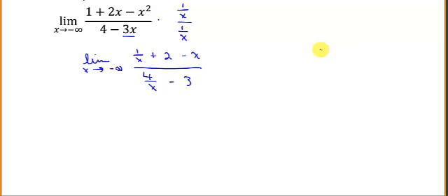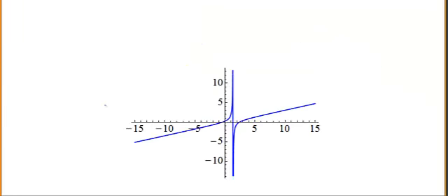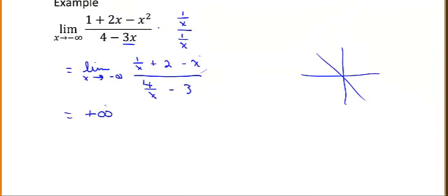Remember, negative x looks something like this. All right, okay, so this thing is going to be, because this term is going to positive infinity, it's the highest power of x, this will go to positive infinity. All right, let's take a look at this. Oh, I'm sorry.